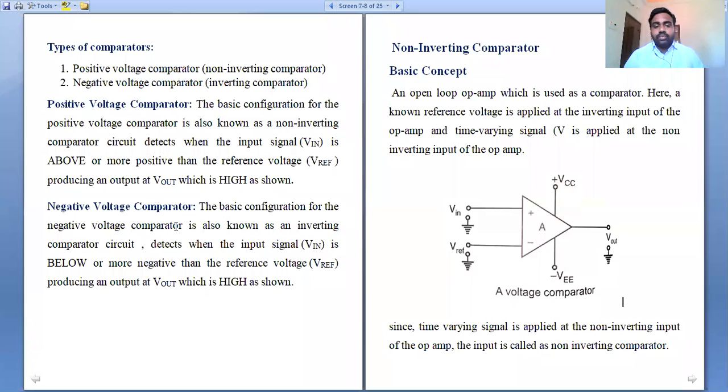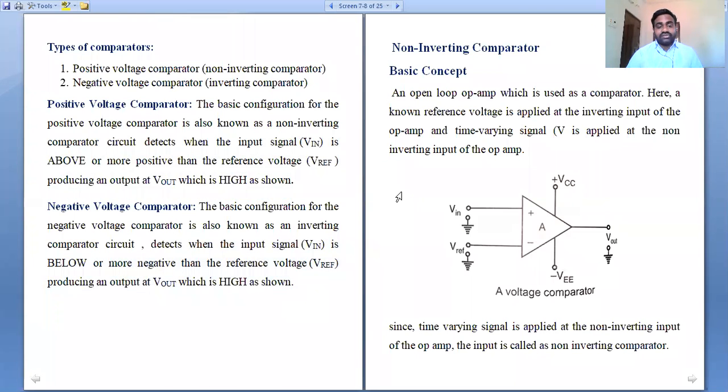If the input voltage is below the reference voltage, the output is high. In the positive voltage comparator, when the input voltage is greater than the reference voltage, Vout is high. In the negative voltage comparator or inverting comparator, when the input voltage is less than the reference voltage, the output voltage will be high.